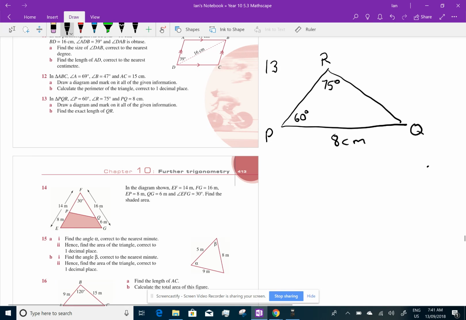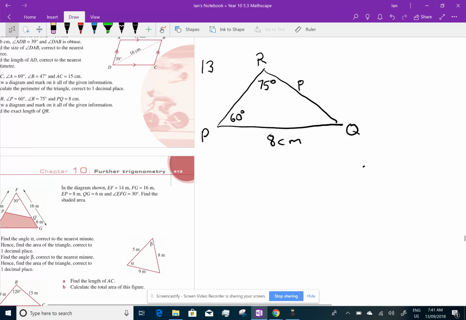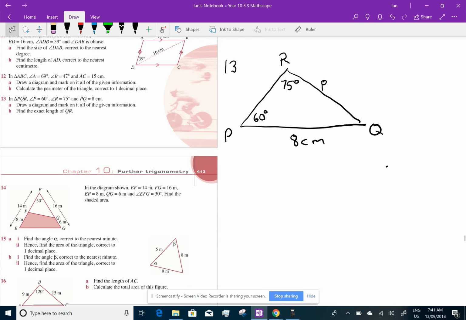Now, I've got to find the exact length of QR. The exact length. So I'll call this little p, because that's the way we label our triangle. So straight away, I'm going to do the sine rule, but it's asked for exact length. So this will be interesting because I'm going to have sine 75. Now I can't find sine 75 as an exact length.